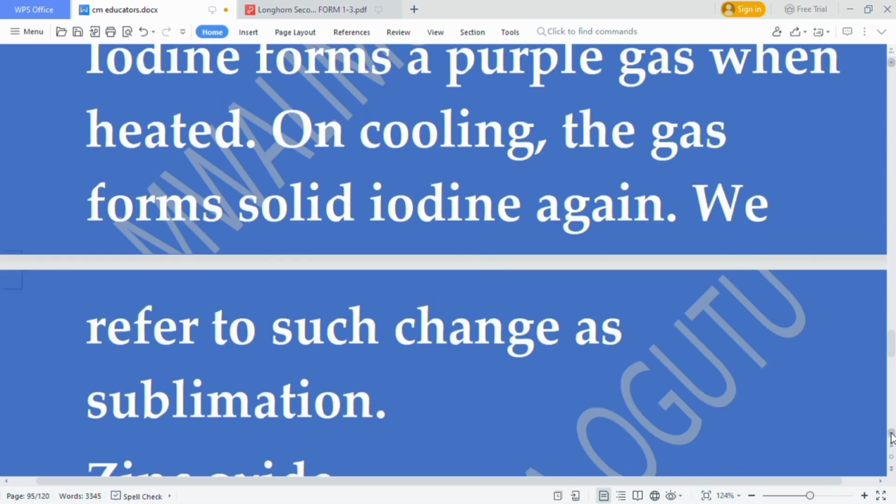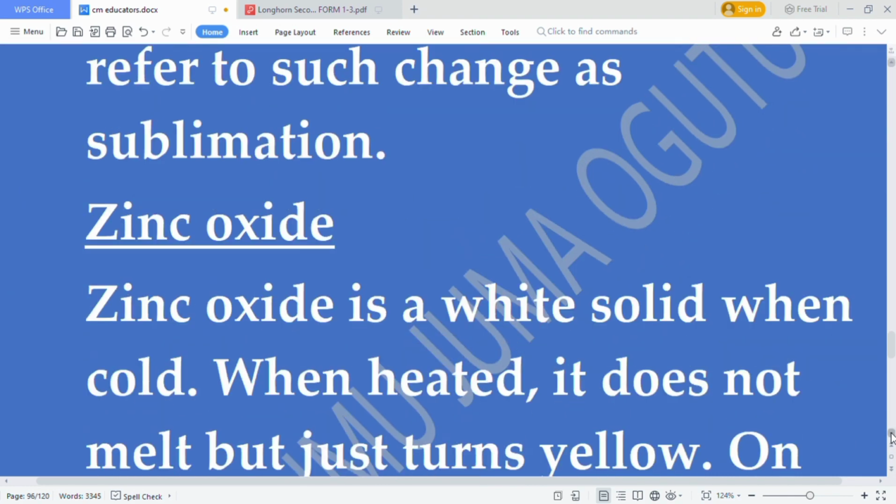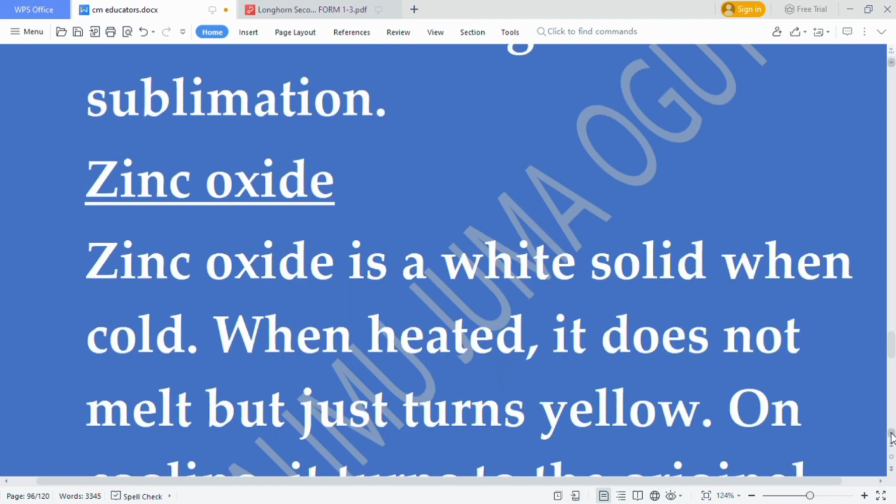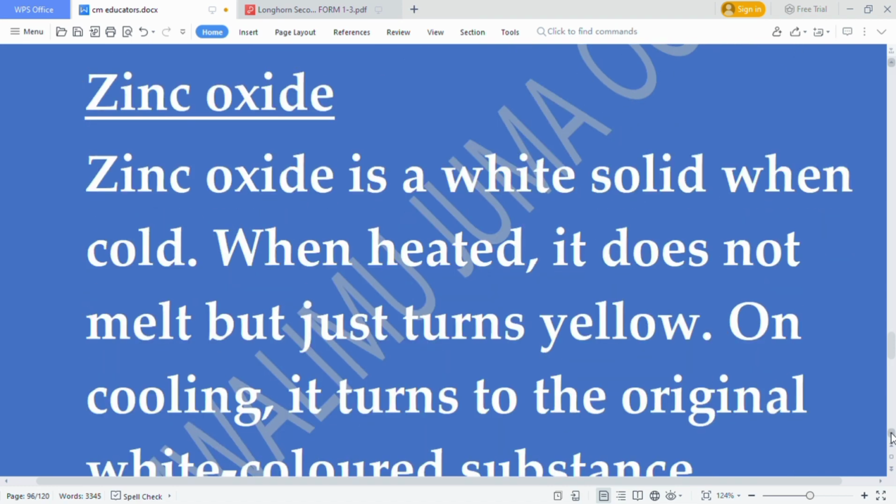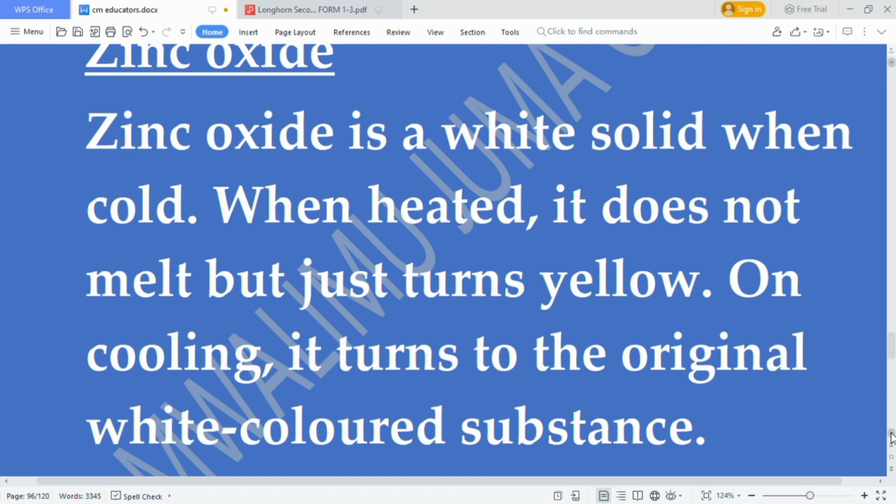Then zinc oxide is a white solid when cold. When heated it does not melt but just turns yellow. So when heating zinc oxide, there is only a change in color.